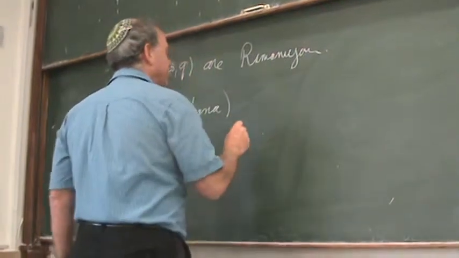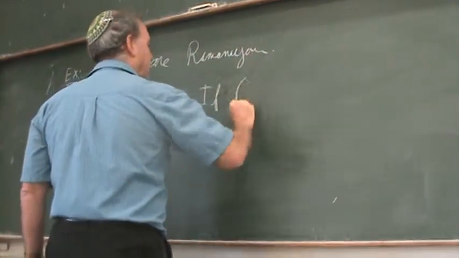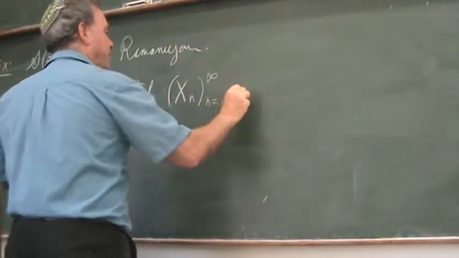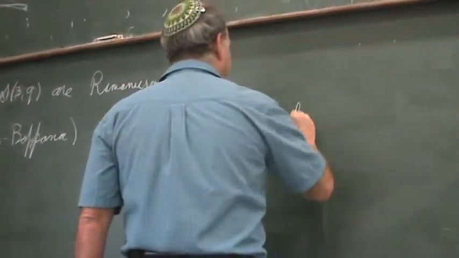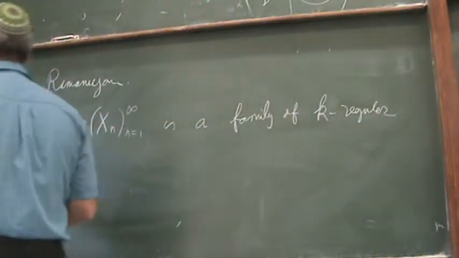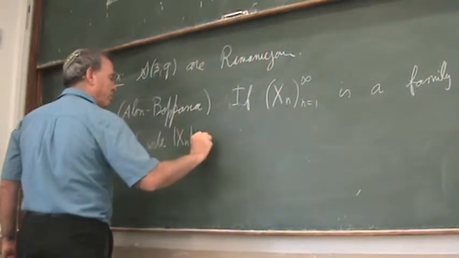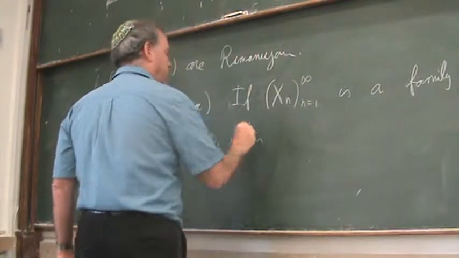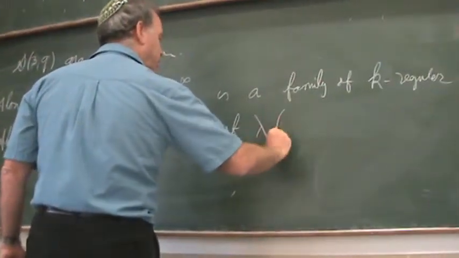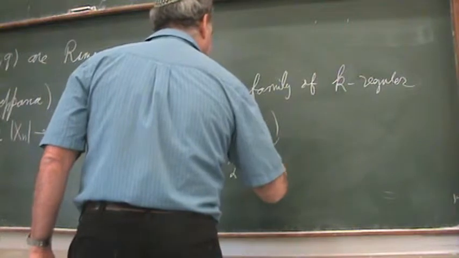The Alon-Boppana theorem says that if X_n, with n going from 1 to infinity, is a family of k-regular graphs with the size of them going to infinity, then the lim inf of lambda 1 of X_n, where lambda 1 is the second largest eigenvalue.